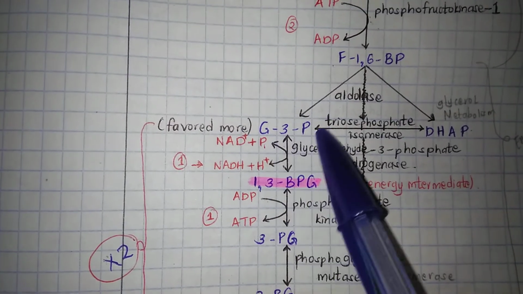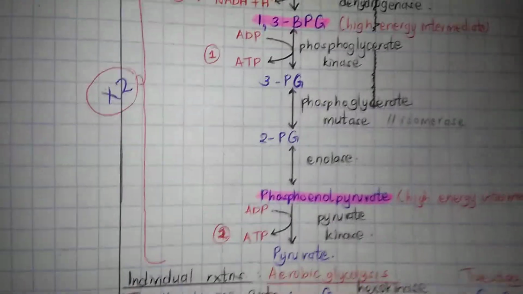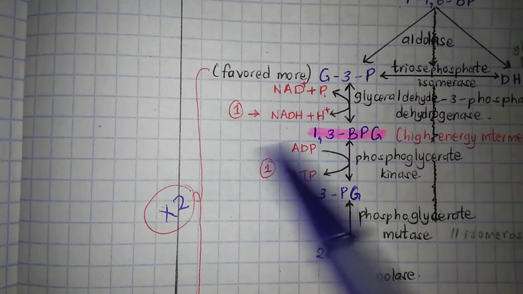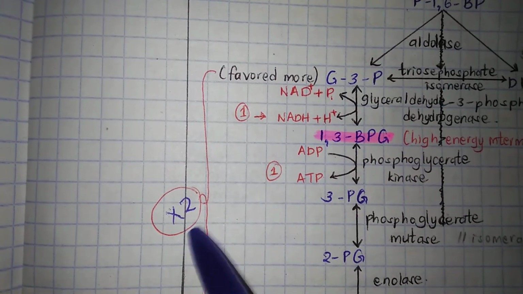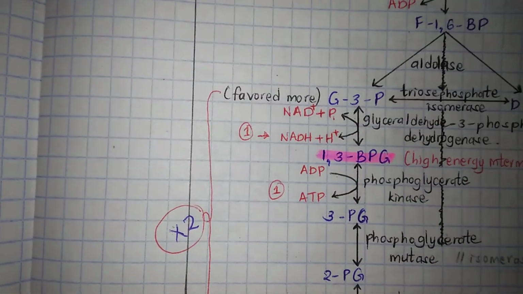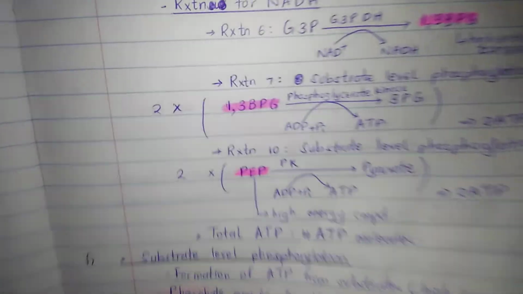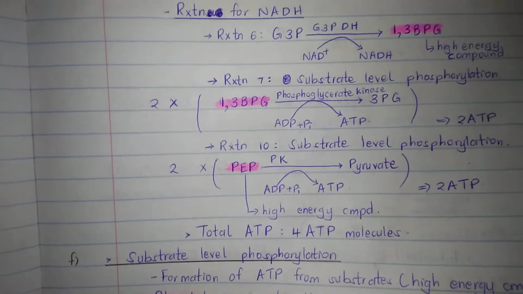And now from then on, we're going to be proceeding with glyceraldehyde 3-phosphate till the end. We're going to be forming pyruvate, but every time the products, we're going to be multiplying them by 2. So I hope that is now clear. So we can continue with our next question.